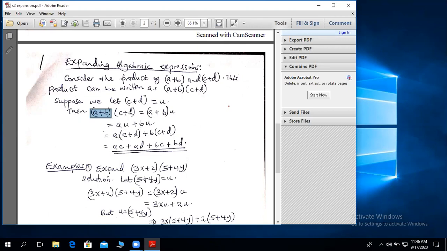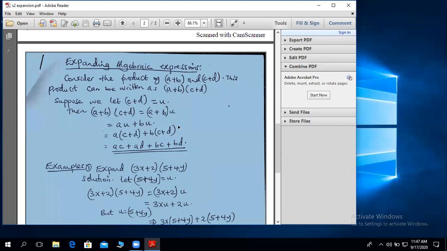I will have AC plus AD, then plus BC, then plus B times D, which is BD. And this becomes my answer because it cannot be collected like terms.